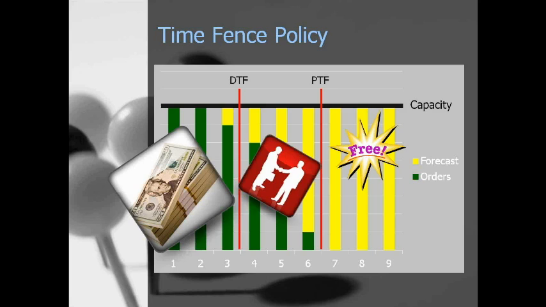That's inside the demand time fence, and that's really where we have to have the policies and procedures. We have to establish the demand time fence, and we have to enforce those rules and procedures to make sure that the changes that are made there, everyone is aware of and signed off on, and that we minimize them as much as possible.